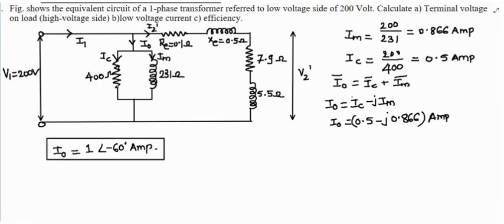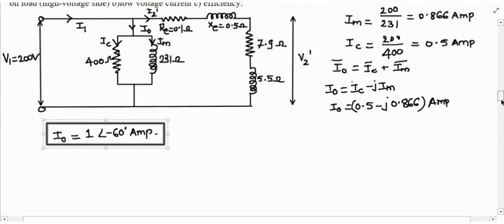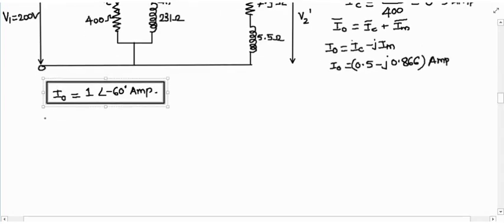Now let us find out the R total of the transformer. What is R total? This is RE, the equivalent resistance of the transformer referred to the primary side, plus the resistance of the load. So R total equals RE plus RL. RL is nothing but the resistance of the load. So it will be 0.1, which is given to you as RE, plus 7.9.